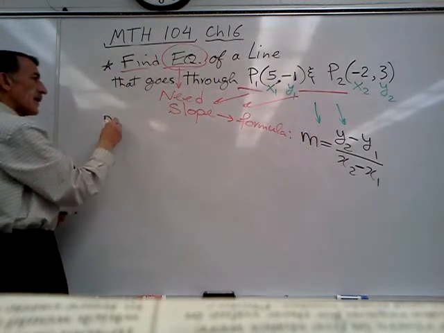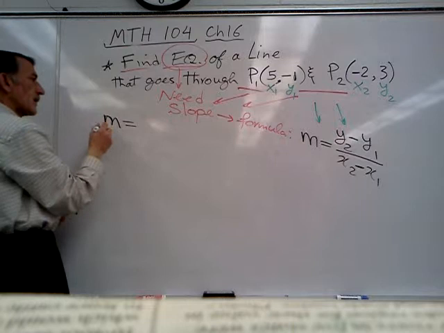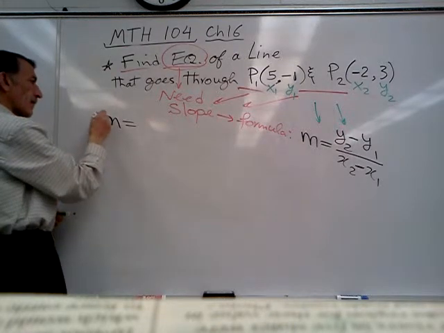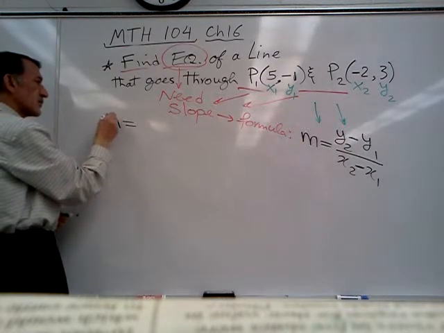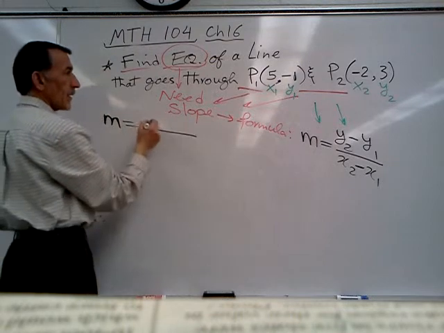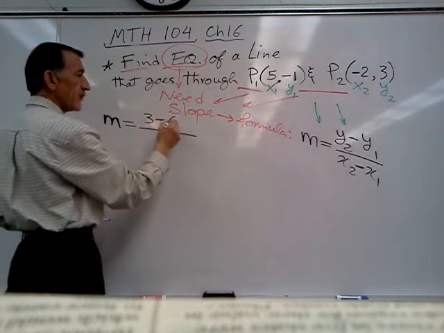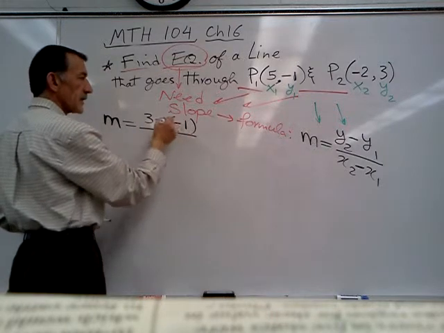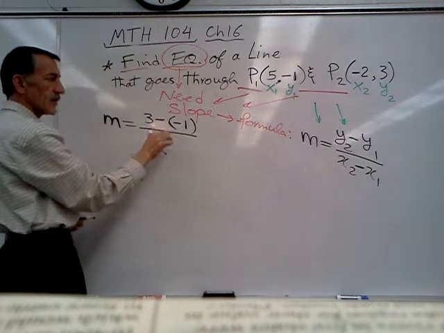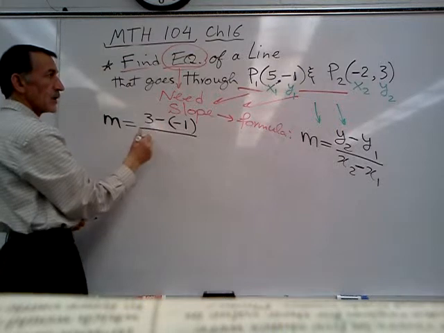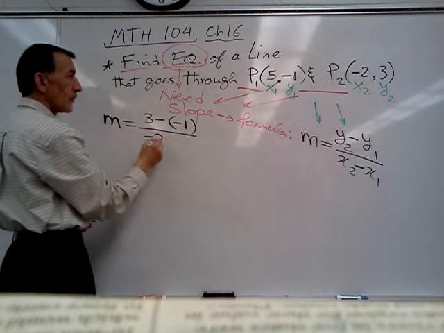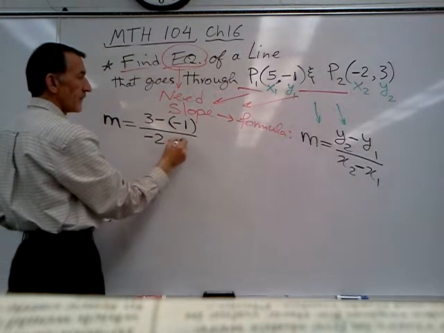So m is equal to 3 minus negative 1. Use parentheses right here. Use parentheses, subtraction of negative, over negative 2 minus 5.